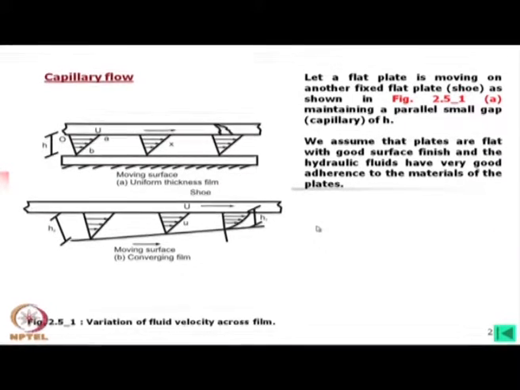Now, we assume that plates are flat with good surface finish and the hydraulic fluids have very good adherence to the materials of the plates. Now, if we think of one plate moving on the other and in between there is a fluid, then we may think that perhaps if there is slight roughness, the lubrication will be better.